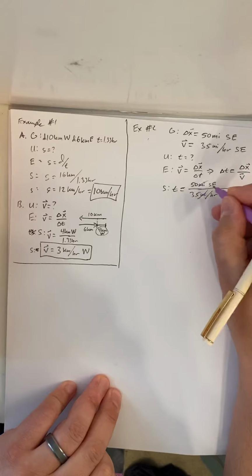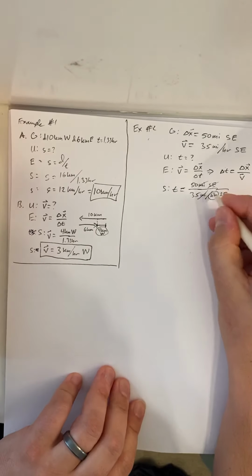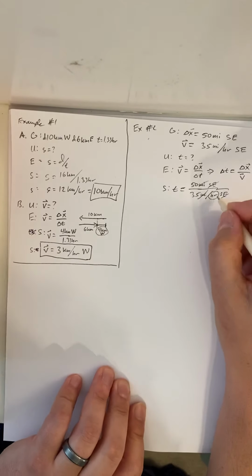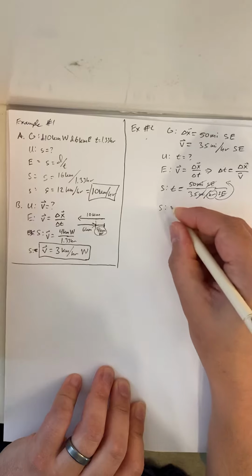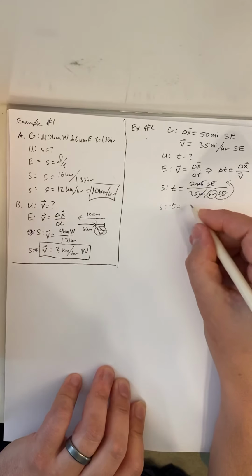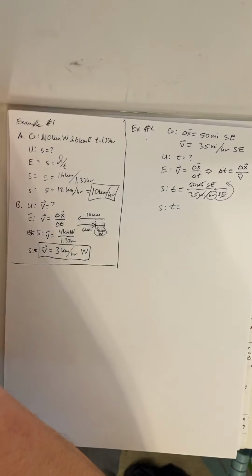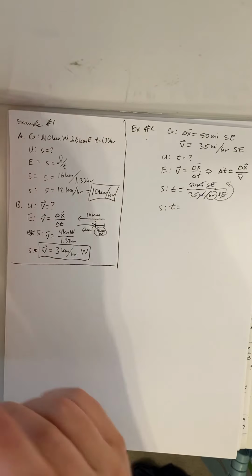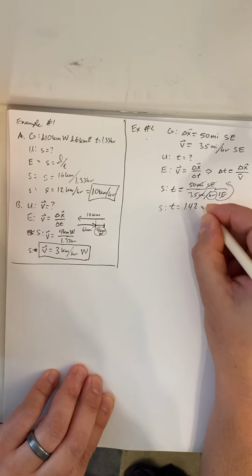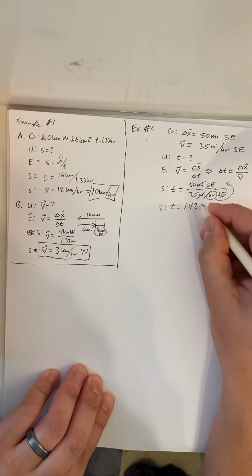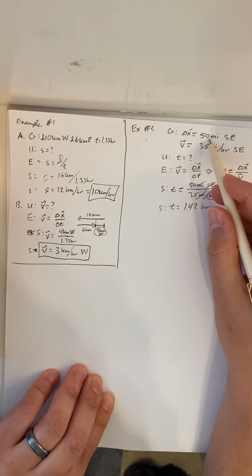Miles cancel, the southeasts go away, and you're just left with hours in the denominator of the denominator, which moves on up to the numerator. And so when we solve, we get 50 over 35, and then whatever that is in hours. So what's 50 over 35? It is 1.42, and that's all we got to do. Hours, again, because of the 50, we only get one significant digit.